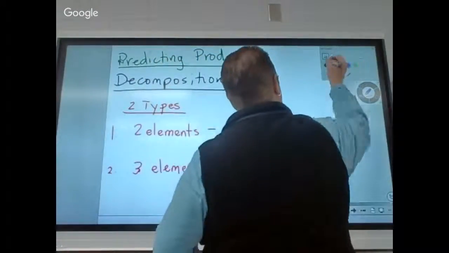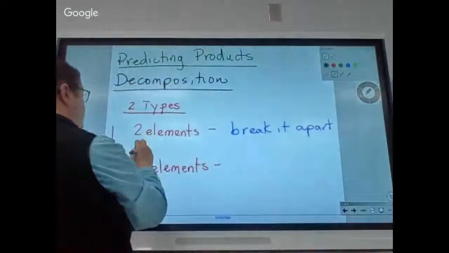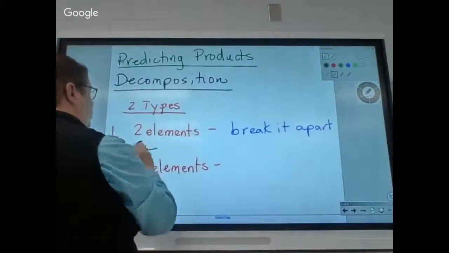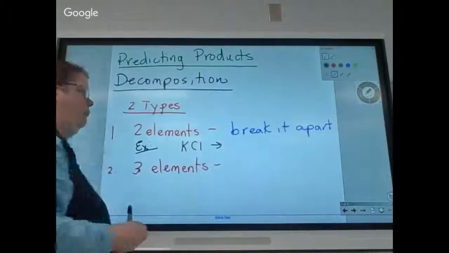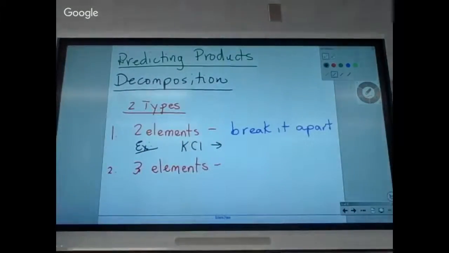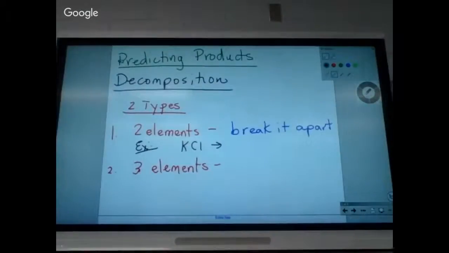Okay? So an example of that would be something like KCl. So if you have something like KCl, what is the only thing you can do if you only have 2 elements? Exactly right. K plus Cl.